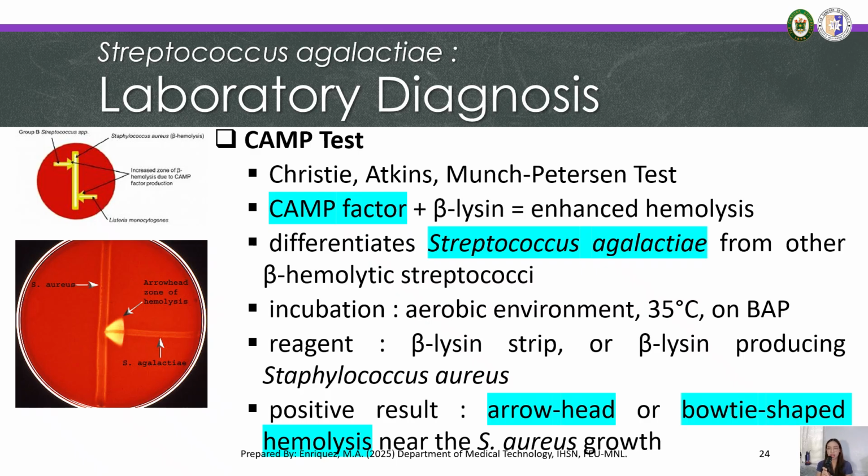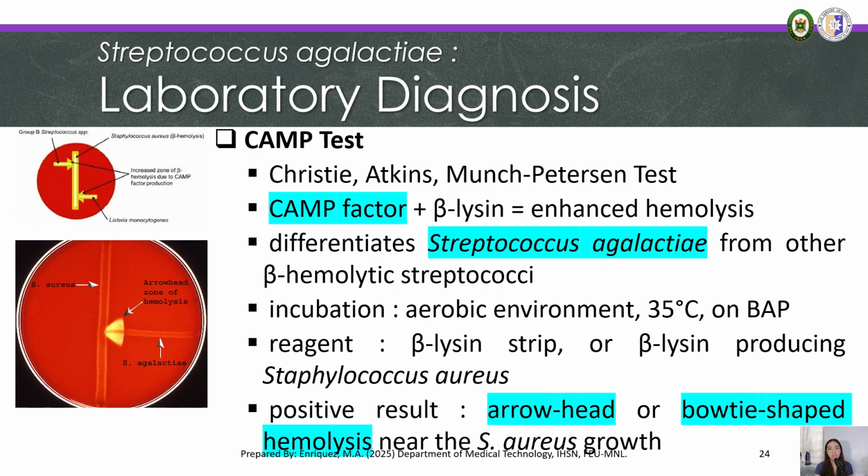All right? So let's repeat, Staphylococcus aureus, for example, can produce beta lysine. But Strep agalactiae produces CAMP factor. All right. So this CAMP factor can act synergistically with the beta lysine that has been produced by Staph aureus, causing an enhanced hemolysis of the RBCs in the medium.